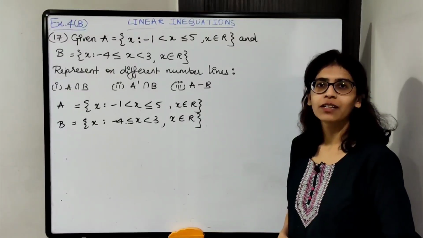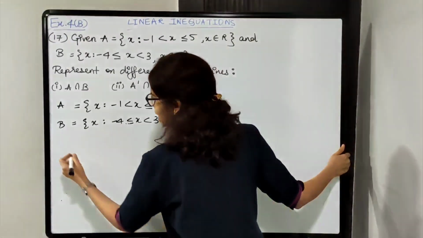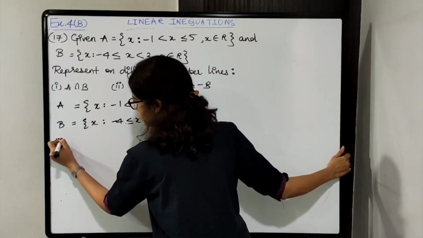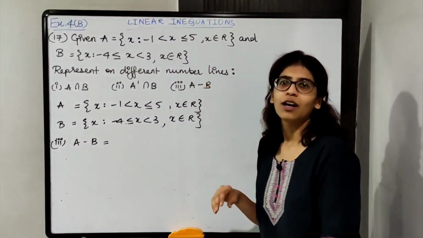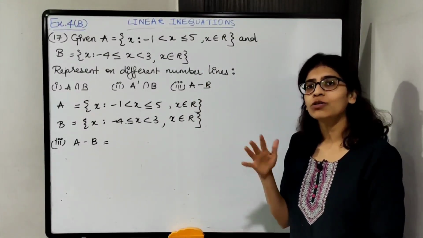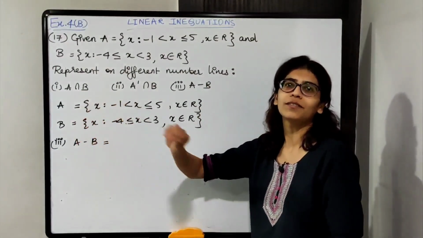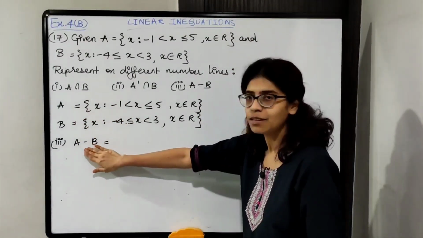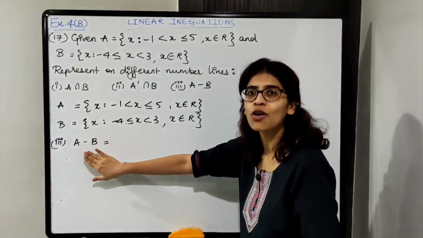Okay, for third part we need to find A minus B. What is A minus B? All those elements, all those numbers which are present in A but not present in B. Whatever is common will not be present.